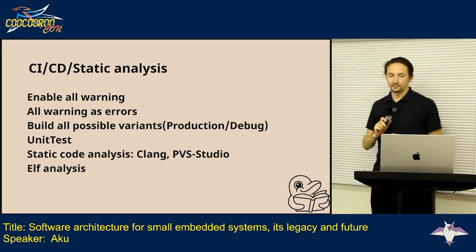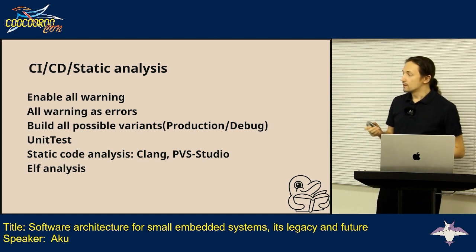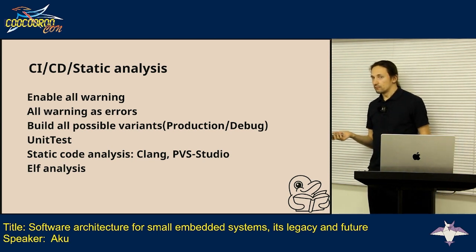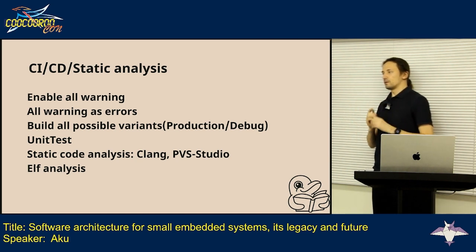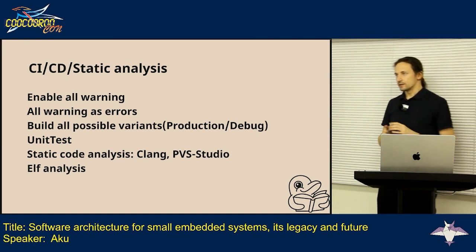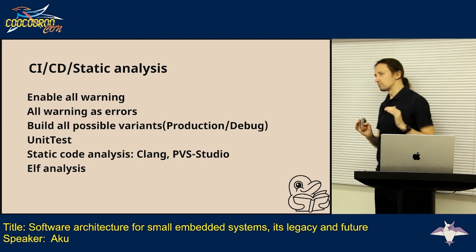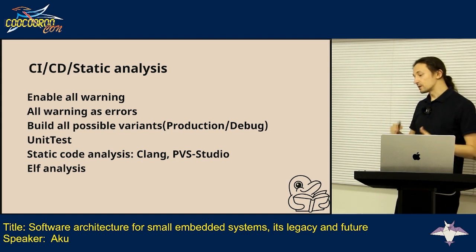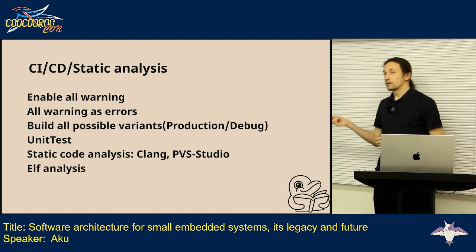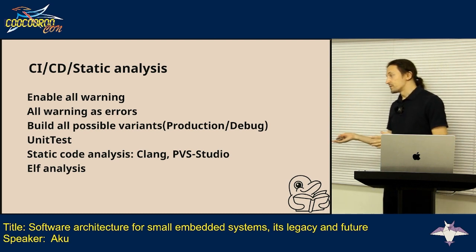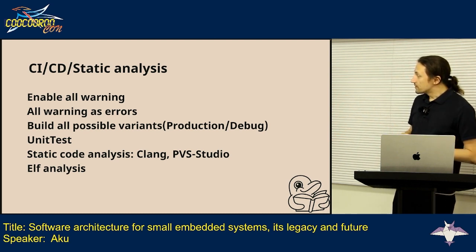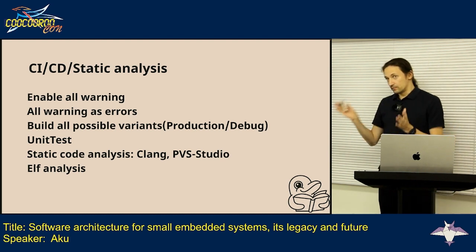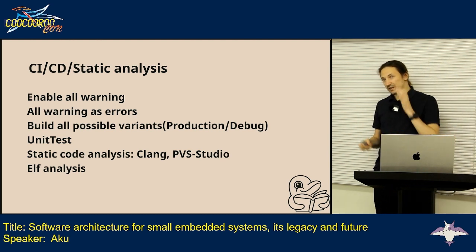Two more things. It's a static code analysis, so probably at least use Clang, because Clang already has some basic but quite solid capabilities to analyze your source code for mistakes. And in our case, we're using the open source version of PVS-Studio, which also does the analysis a little bit deeper.